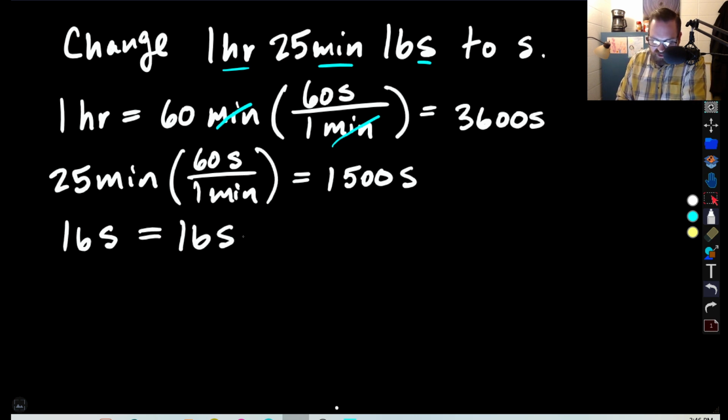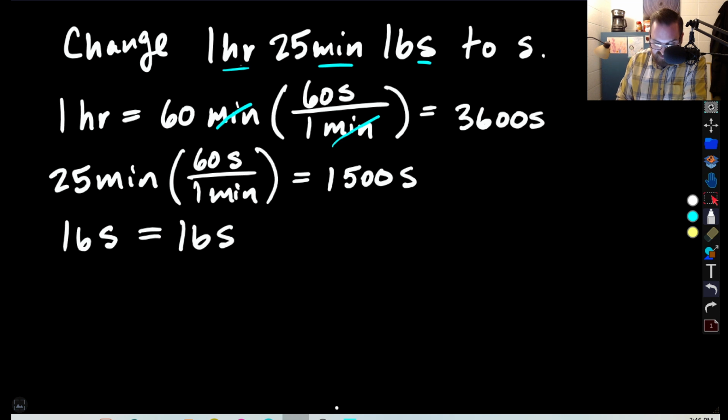So now if I'm converting this entire thing into seconds, the way that I'm approaching the problem, as you can probably see, is that I'm breaking it up into kind of a series of smaller problems, and then I'm combining them all on the end. And that's really what we do.